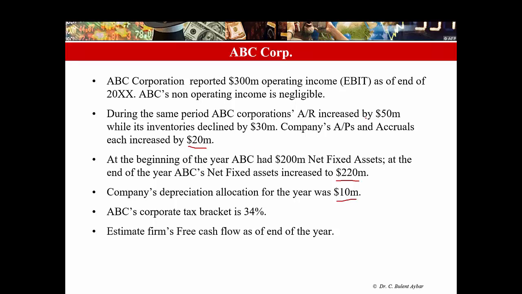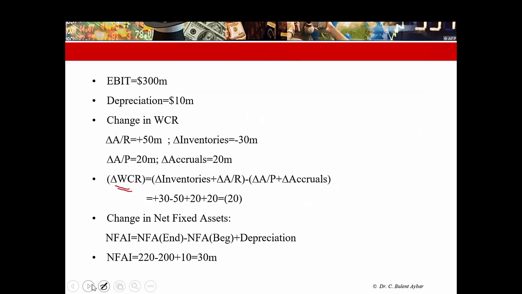The company's accounts receivable increased by 50 million. So that means that the 50 million increase reduced the available cash. The 30 million decline in inventories made cash available. So this is a resource.